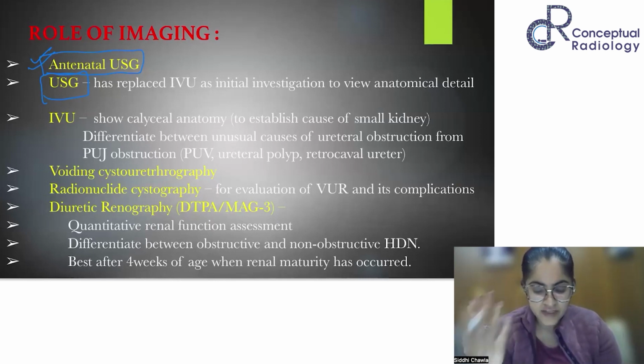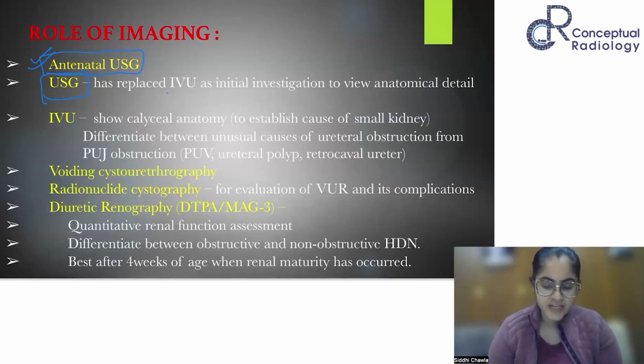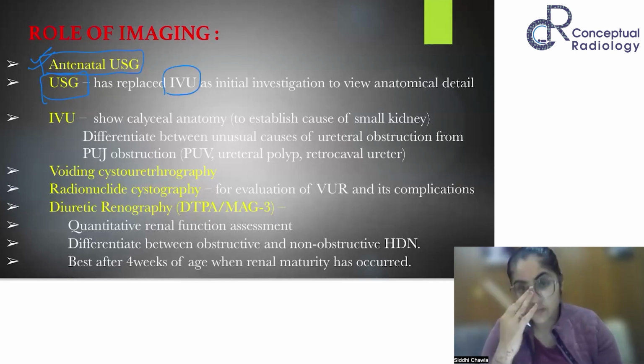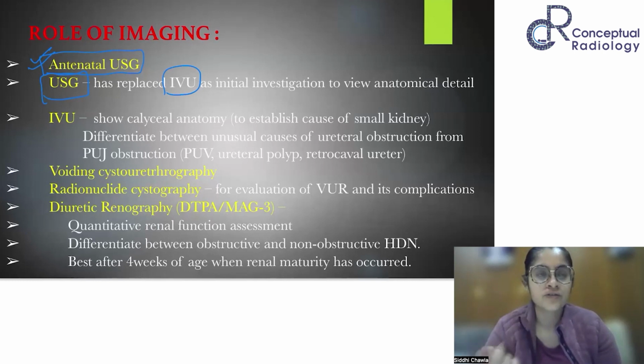Ultrasound has almost replaced the IVP, which was earlier the most common investigation, used mostly in renal stones or in children. It is also commonly used to detect vesicoureteric reflux. But today, ultrasound is always the first modality, and then we advise accordingly if IVP, CT or MR urography is needed.